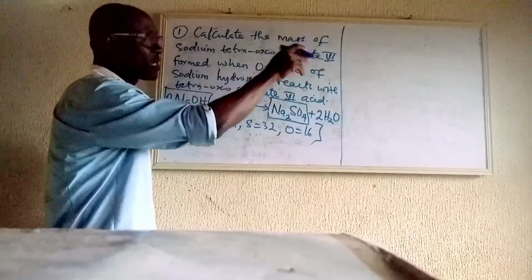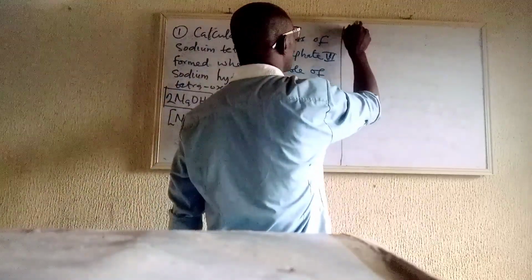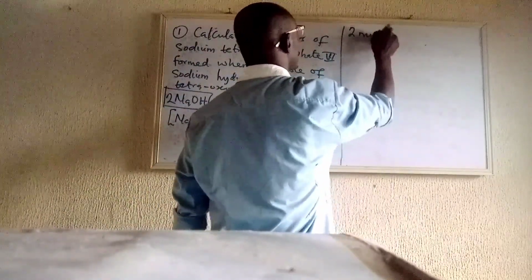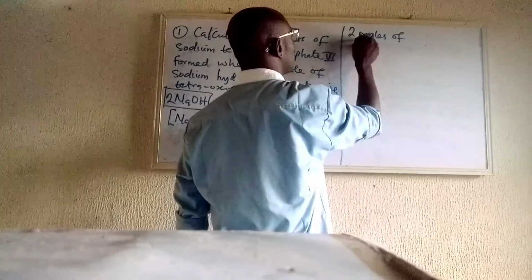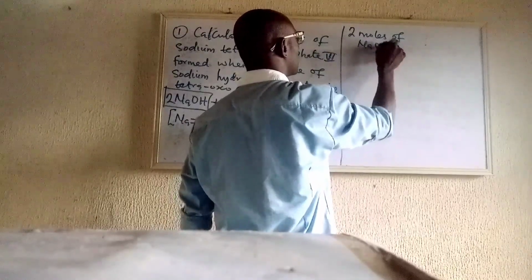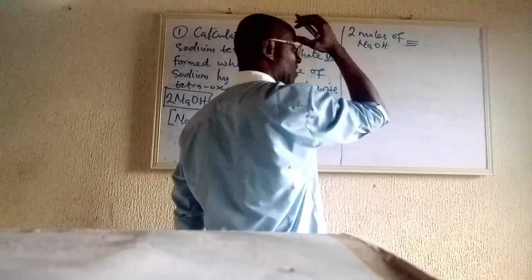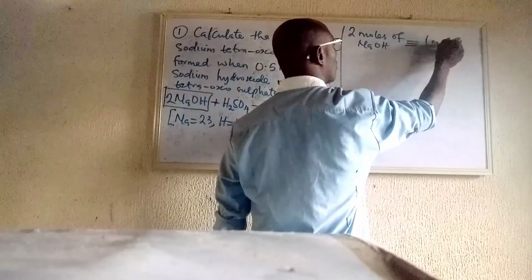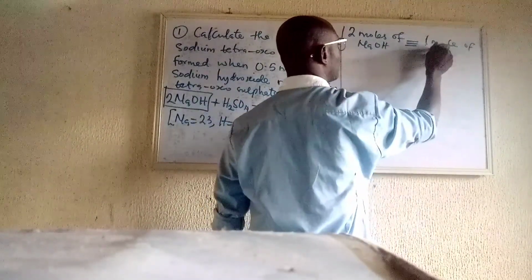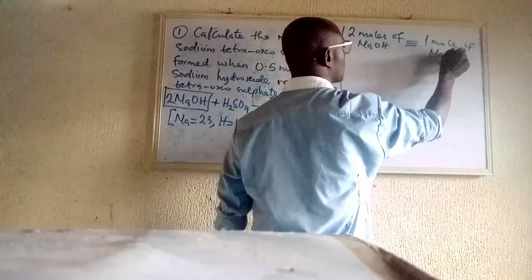So that's what I'm going to write down. 2 moles of sodium hydroxide produce 1 mole of sodium sulfate.